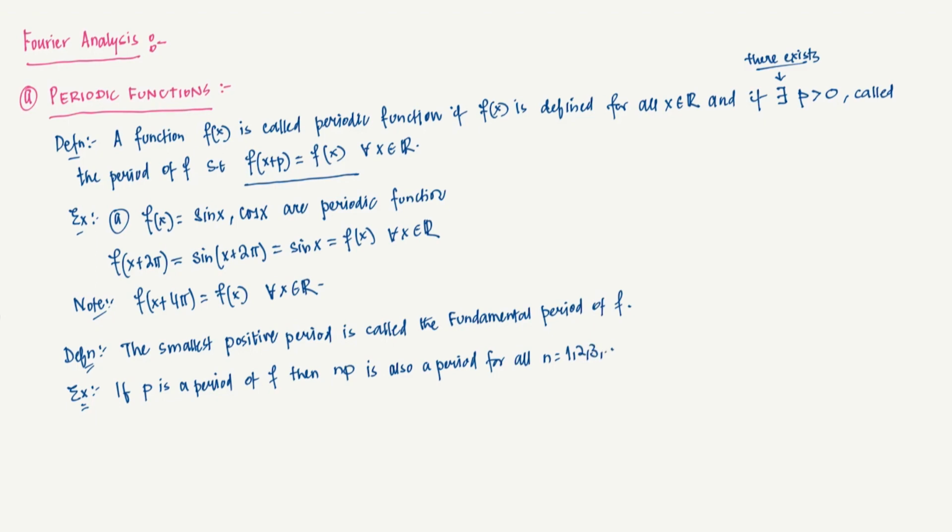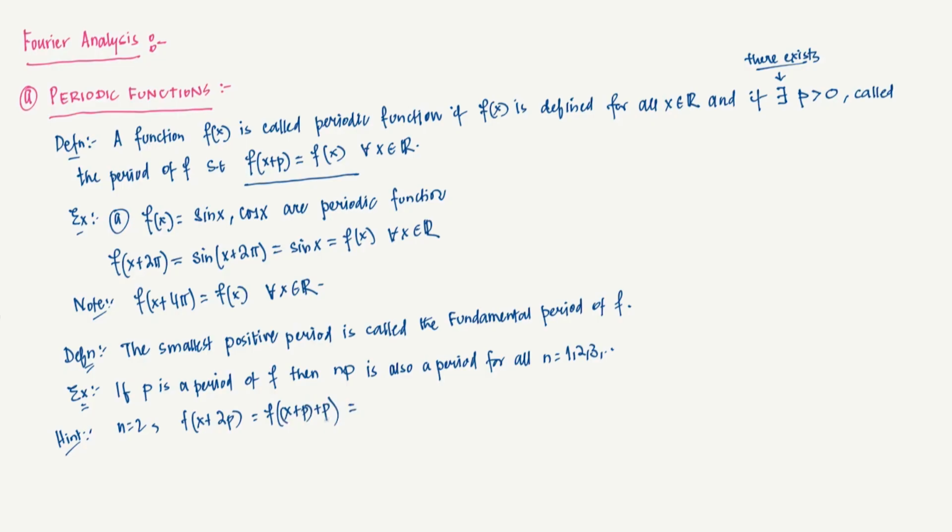So how do you prove it? If you want to show it for n equals 2, just a small hint: f of x plus 2p, you can write as f of x plus p plus p.